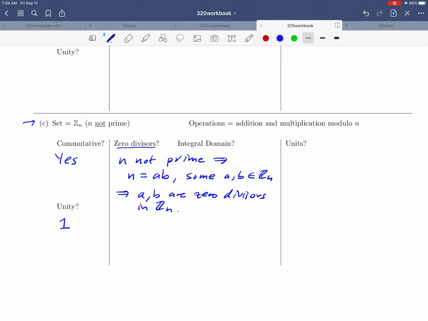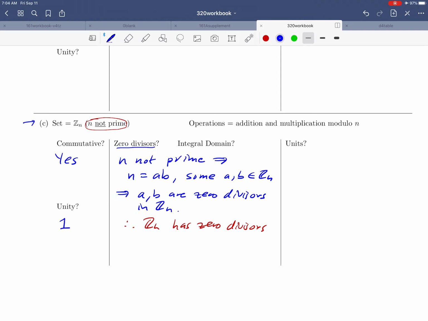So what we've learned then is that if n is not prime, Zn will always have zero divisors. And don't forget, we're assuming that n is not prime. Everything that we're saying here is under that assumption.